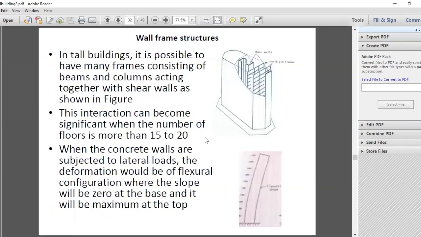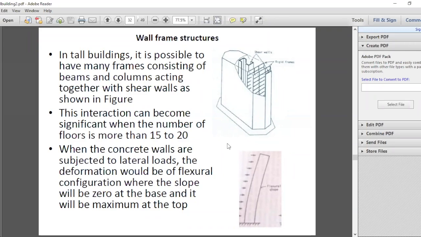And then this is very important, and that is called wall frame interaction, wall frame structures. When we have more than 15 floors, then we can have certain amount of interaction between the frames and the walls.